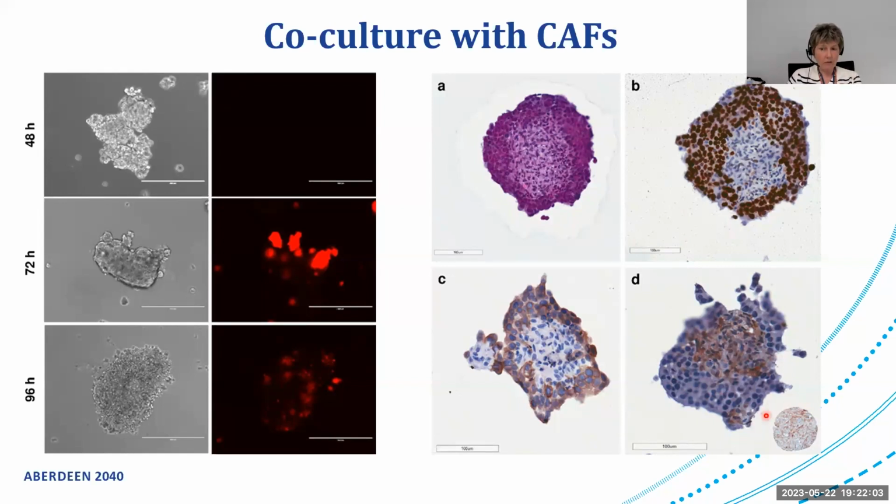And it's a little bit difficult to see, but this is a tissue microarray core of a breast tumour, and the way that the fibroblasts are arranged within the spheroid is similar to what you see within a breast cancer. So a nice model if you want to look at the interaction between CAFs and cancer epithelial cells. And this work has all been published previously.